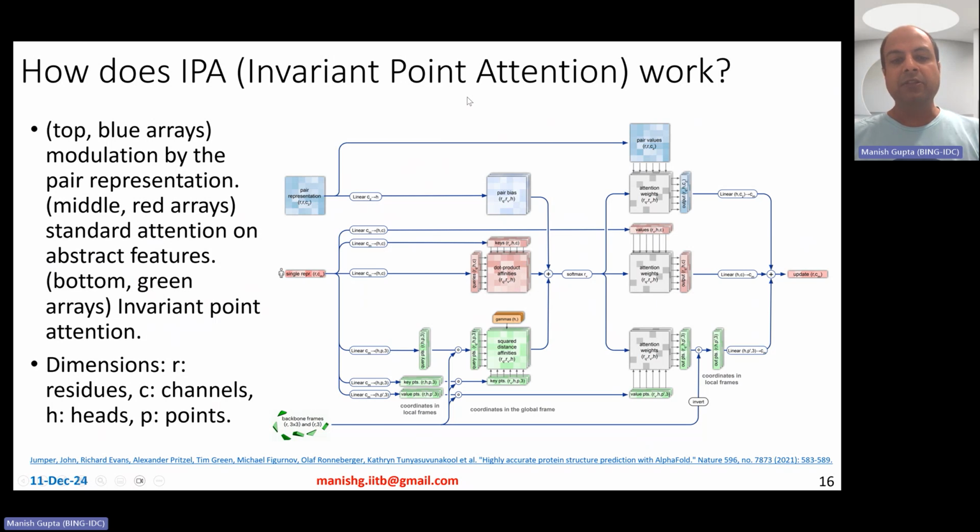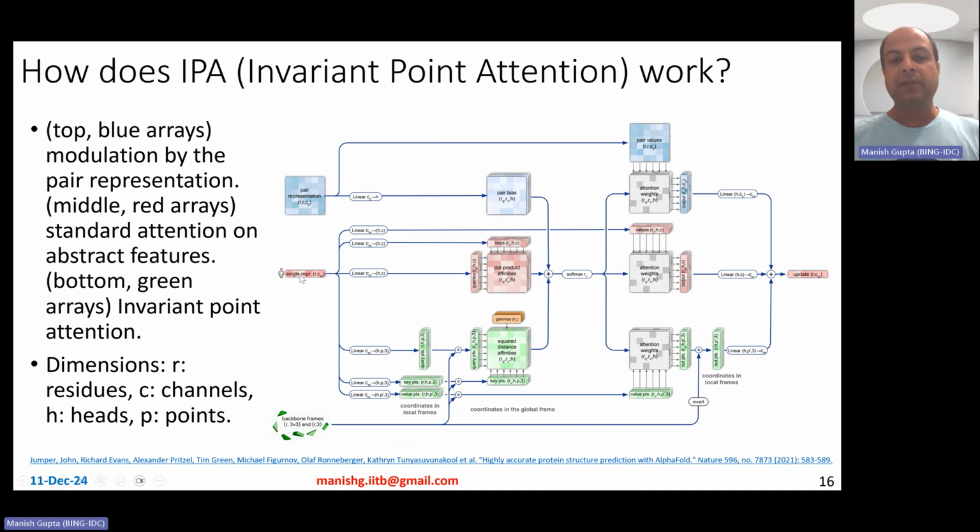Okay. So it's going to take three things as input: the pair representation, the single representation, and the current backbone frames. Now, remember, what is the size of each of these? The pair representation's size is R R Cz, which means for every pair of residues, there is a Cz sized feature vector.